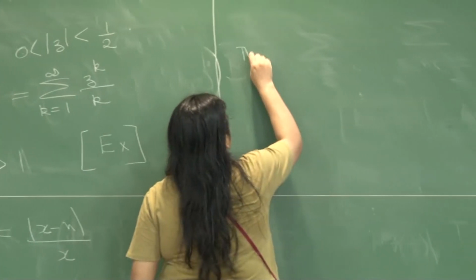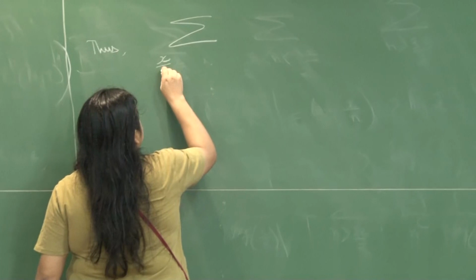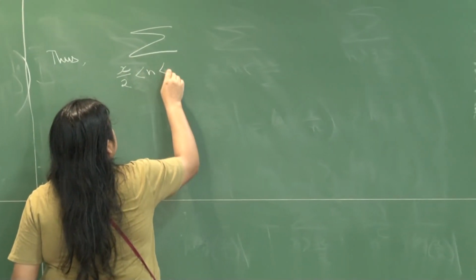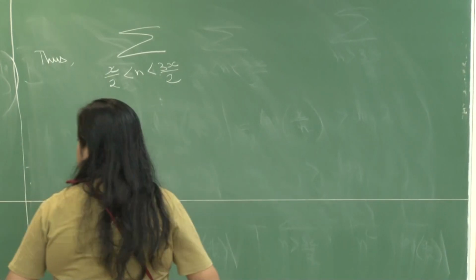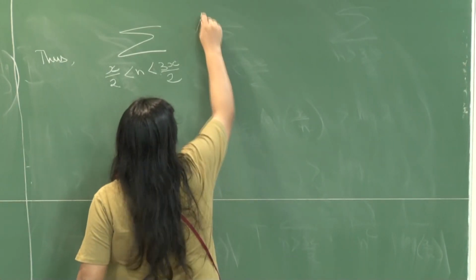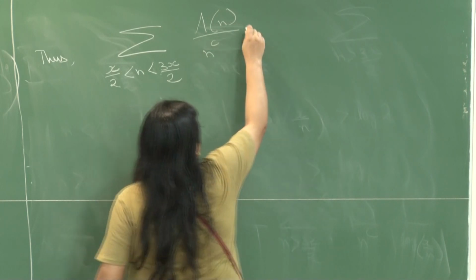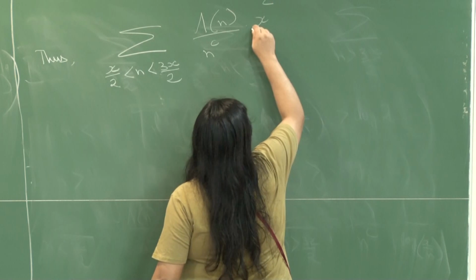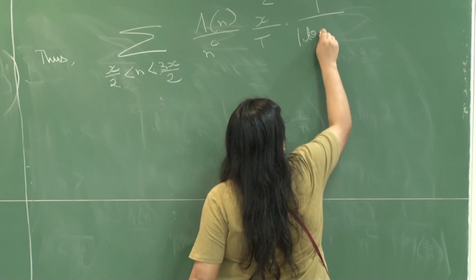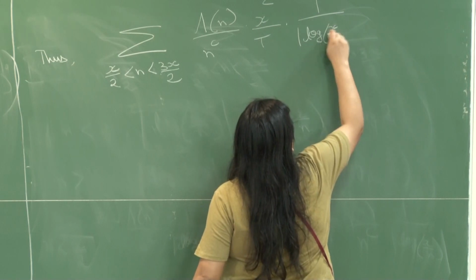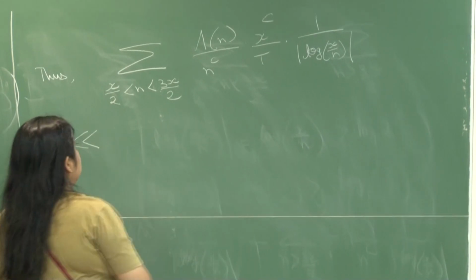Thus, for x by 2 less than n less than 3x over 2, the sum that you are after, lambda of n over n raised to the c times x raised to the c over T times 1 over the absolute value of log of x over n turns out to be less than.